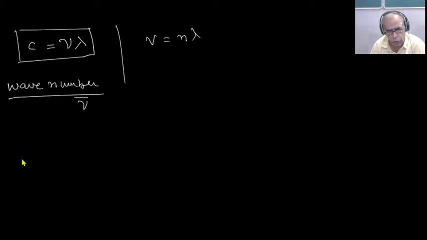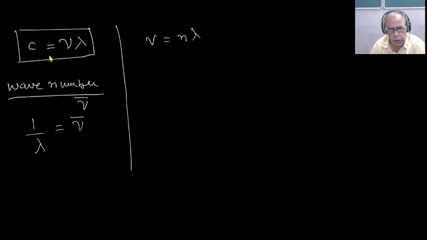This is called nu bar, that is 1 by lambda. That is nothing but wave number. Are you able to follow? As I already mentioned, it is the reciprocal of wavelength, which is nothing but wave number.